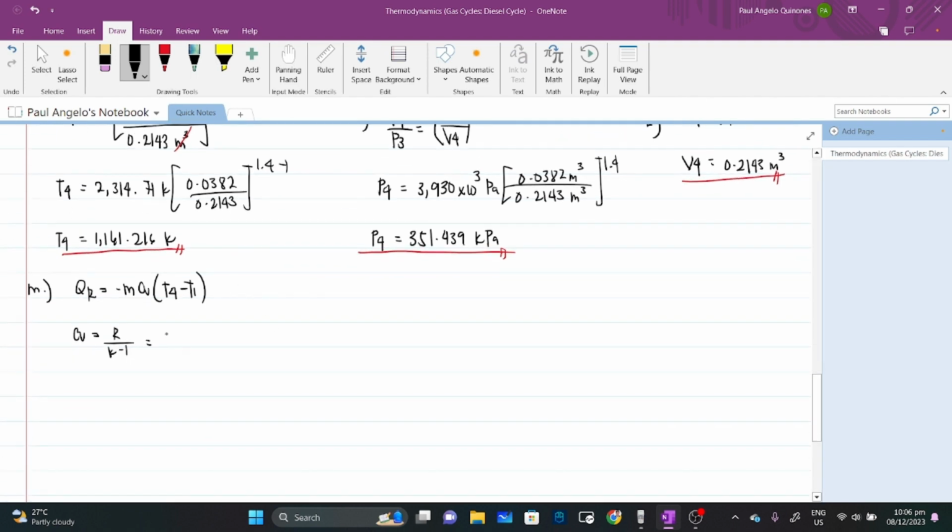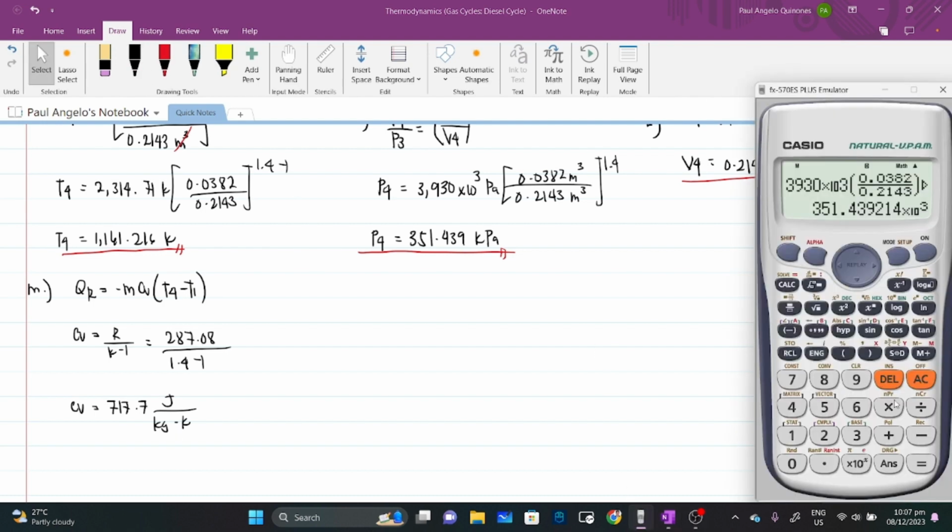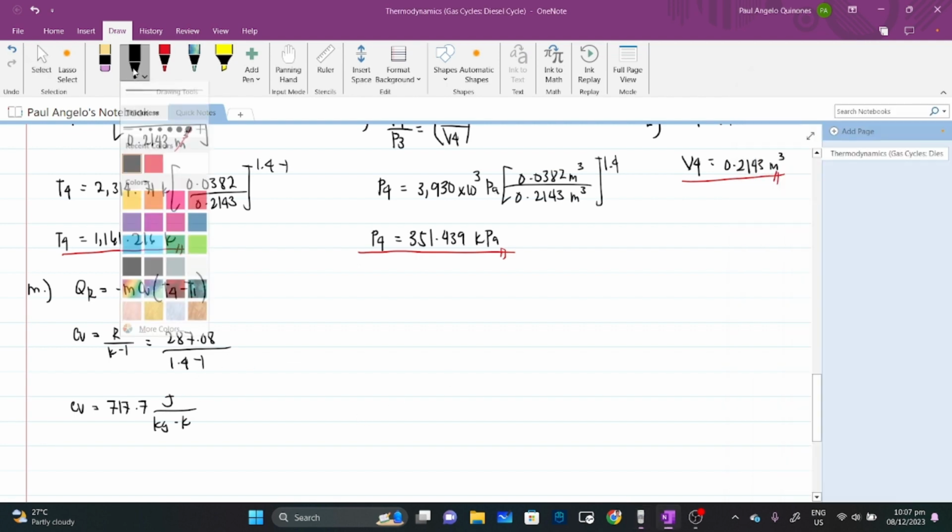So R is 287.08 over 1.4 minus 1, or simply CV is equal to 717.7 joules per kilogram Kelvin. If you want to verify, 287.08 divided by 1.4 minus 1 is 717.7 joules per kilogram Kelvin.